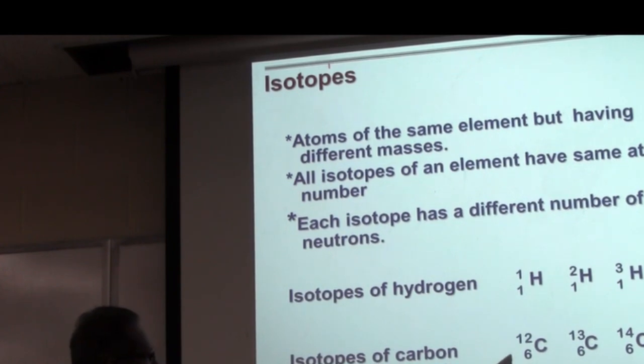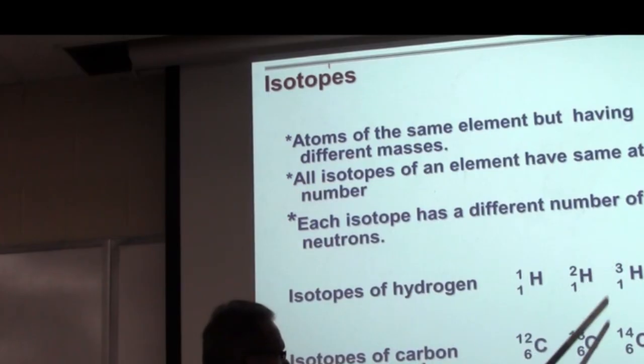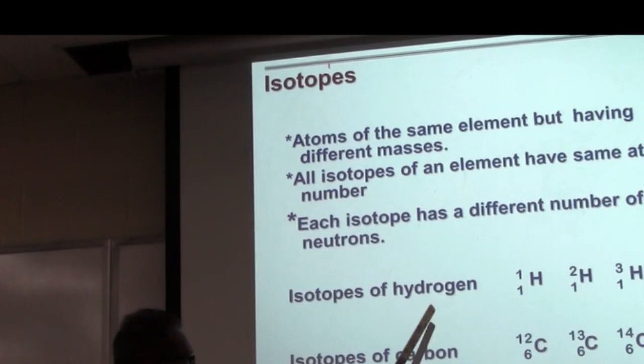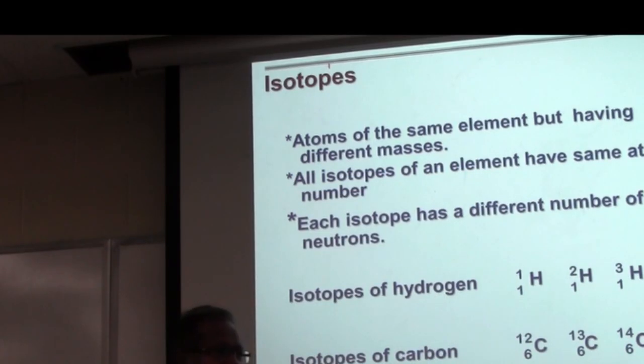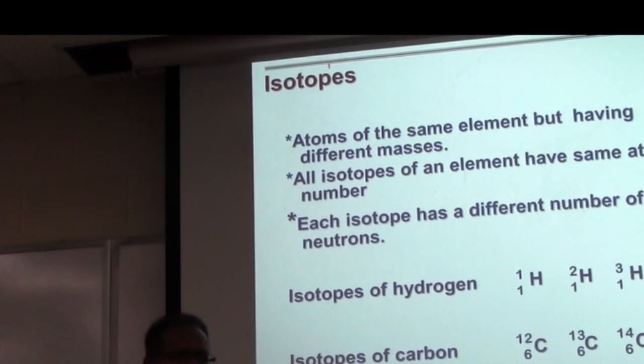Isotopes can be named with the element name and mass number as words, like carbon-12, hydrogen-1, hydrogen-2, hydrogen-3, or in symbolic form. This is carbon-12, carbon-13, carbon-14. Carbon-14 is radioactive, right?